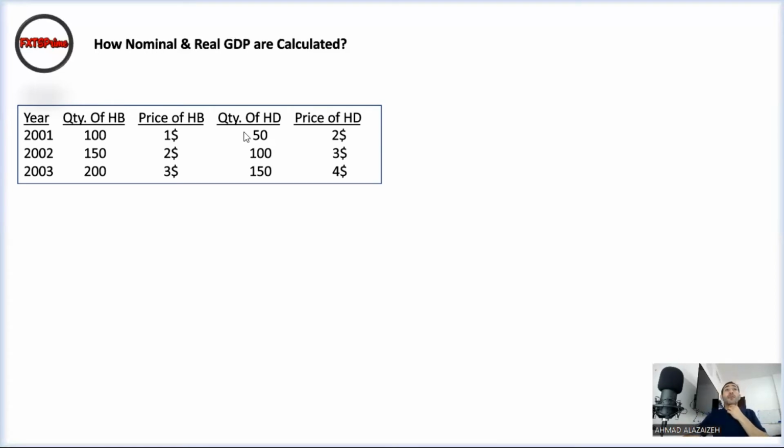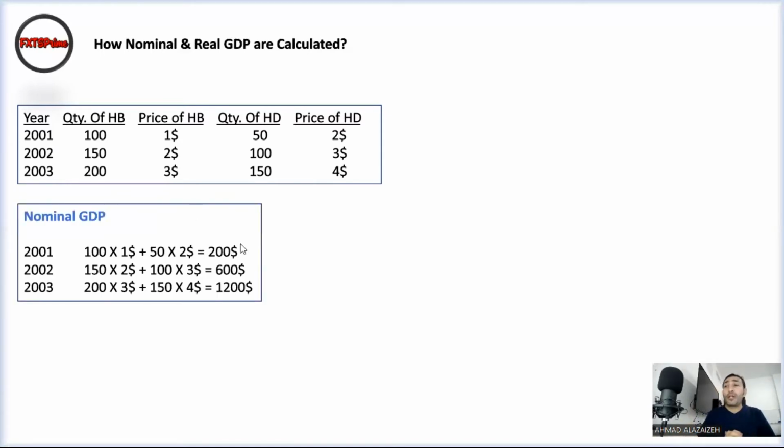And I'm going also to put the quantity of the hot dog, and I will call that HD, and the price for the HD, the hot dog in 2001. And similarly, I will do it for 2002 and 2003. So these are example figures so we can understand how the GDP is being calculated. So you will have a better idea.